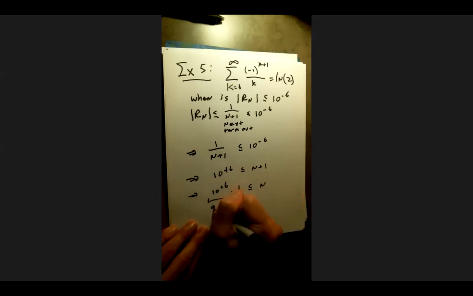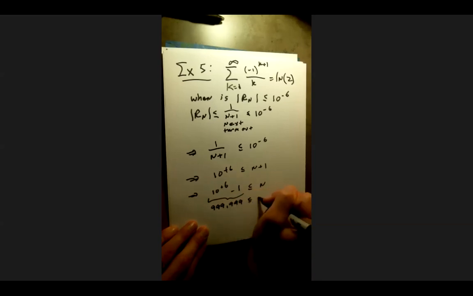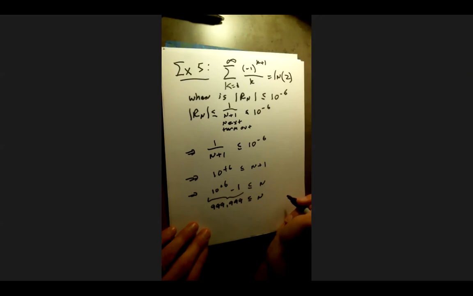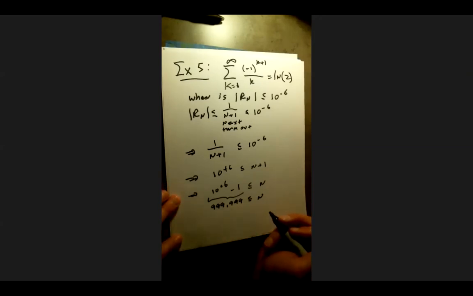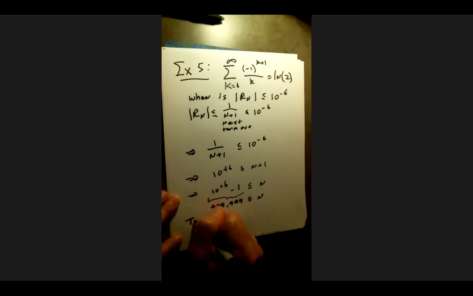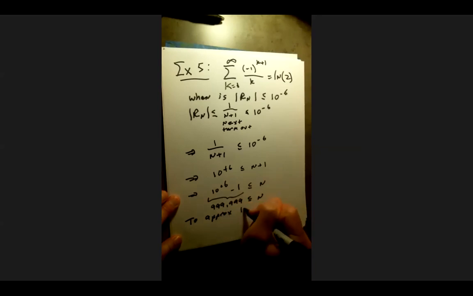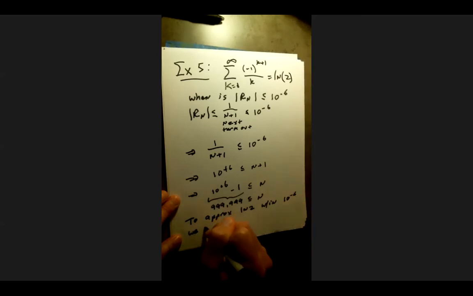So I think this is saying 999,999 has to be less than or equal to n. So what this is telling us is that to approximate ln of 2 within 10 to the negative sixth, we need near about 1 million terms in our sum.